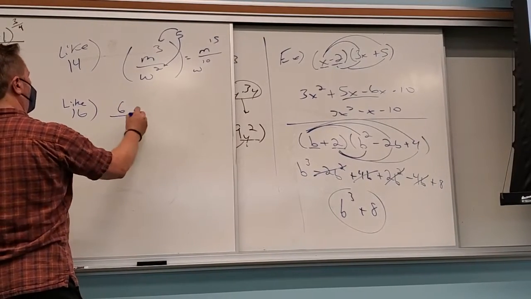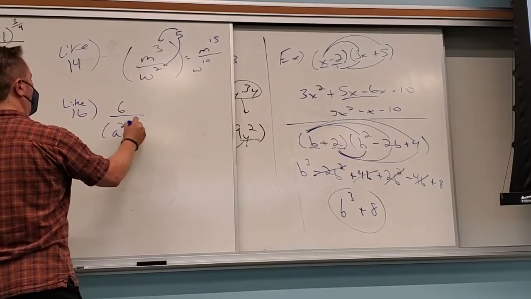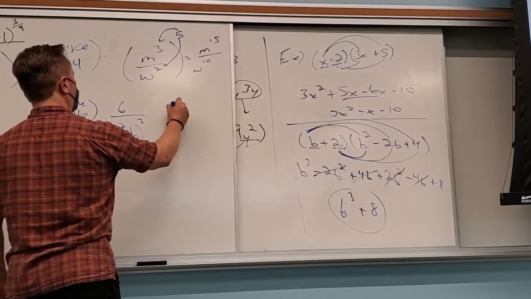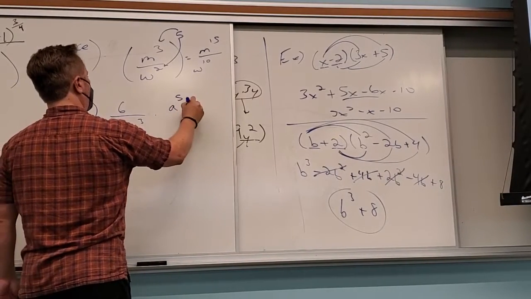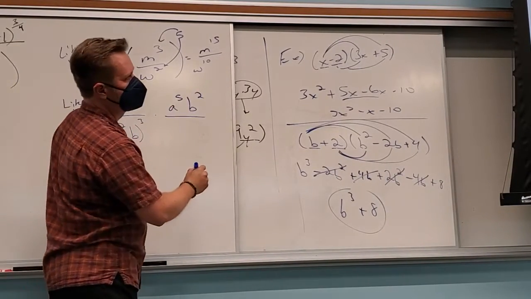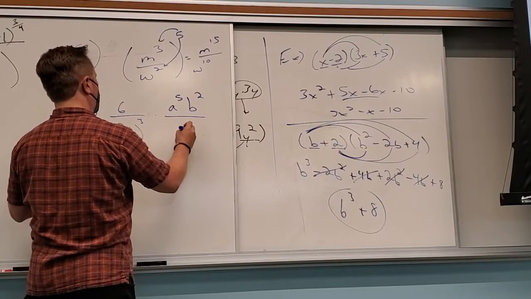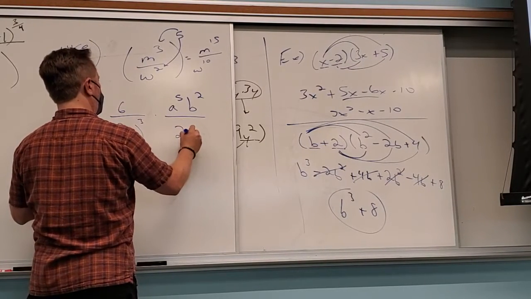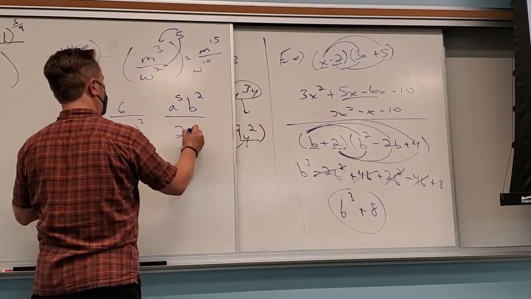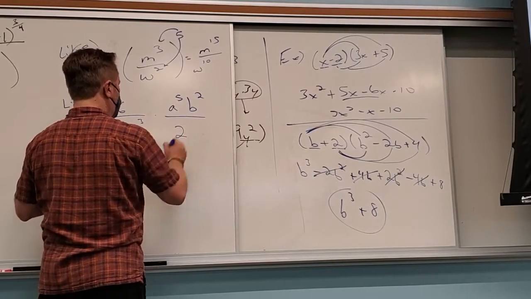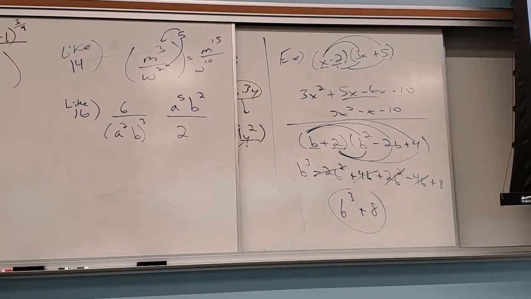Sure. 6 over a squared b cubed, times a to the 5th b squared over 2. Okay. All right.